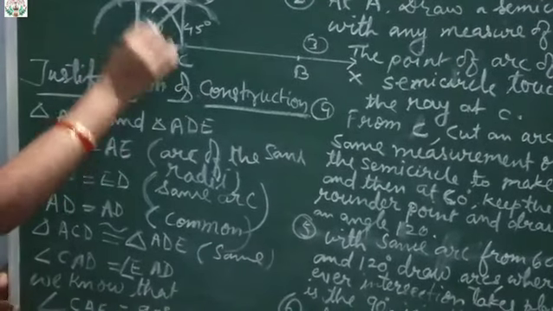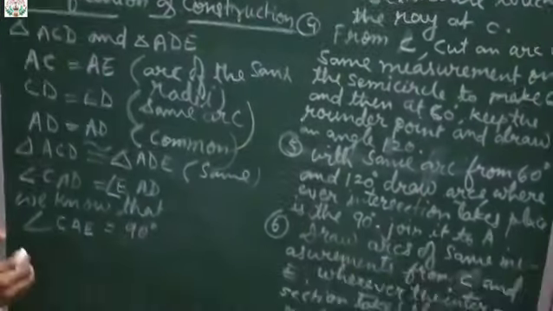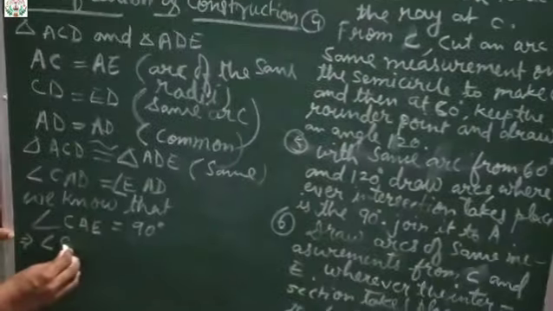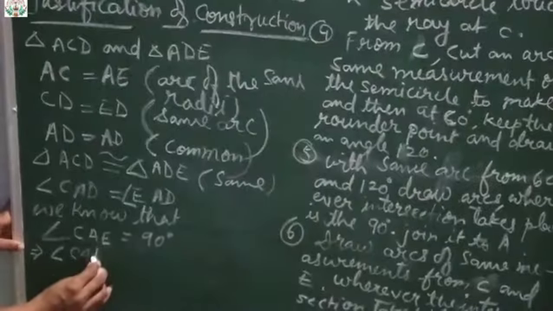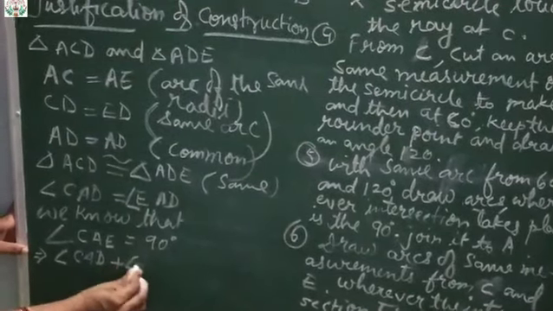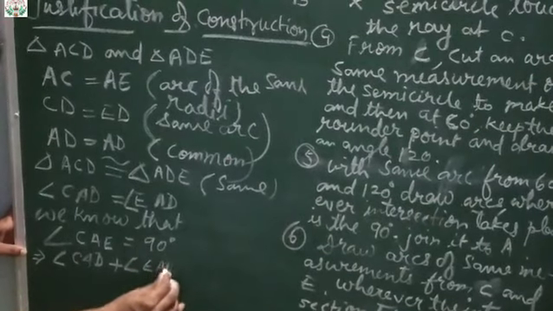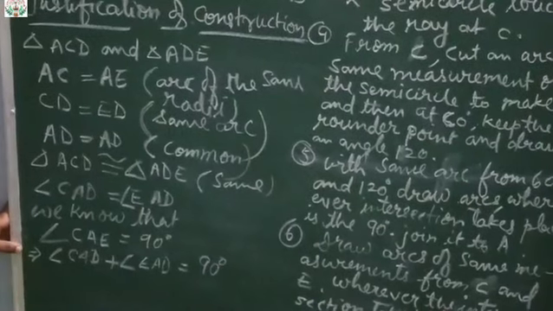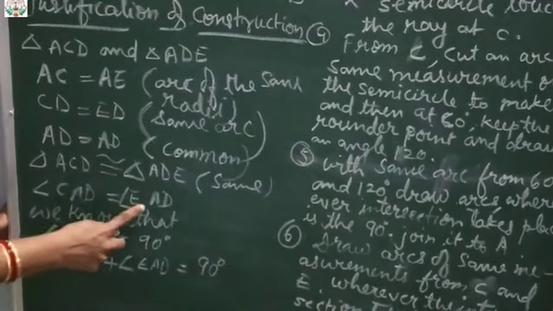This plus this gives the whole angle. So I can write angle CAD plus angle EAD equals 90 degree. Just above we have seen both the angles are same.